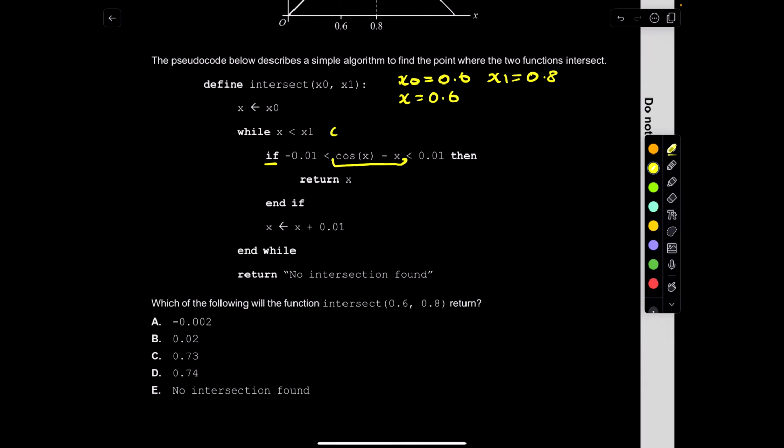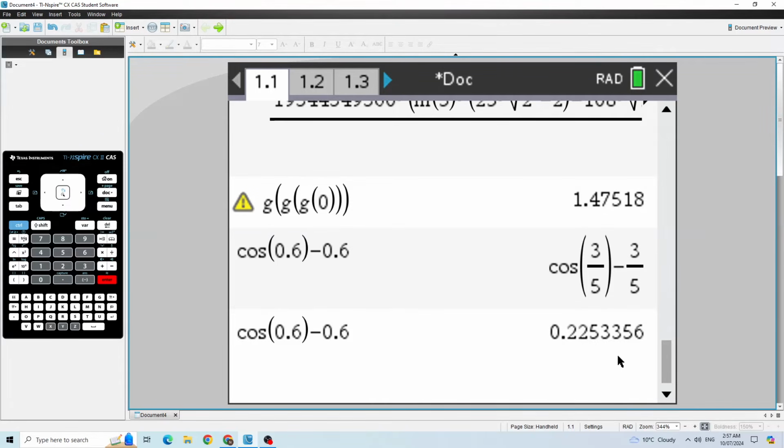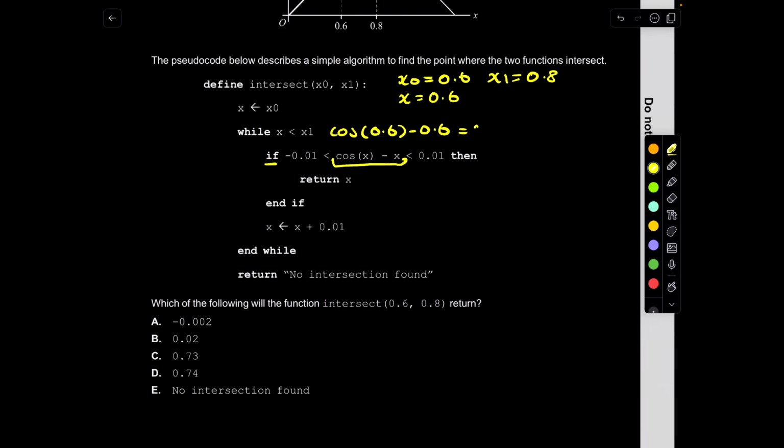So is cos x, which is 0.6, minus 0.6, between 0.01 and negative 0.01? So let's write that in our CAS. Cos of 0.6 minus 0.6 is going to give me 0.2253.